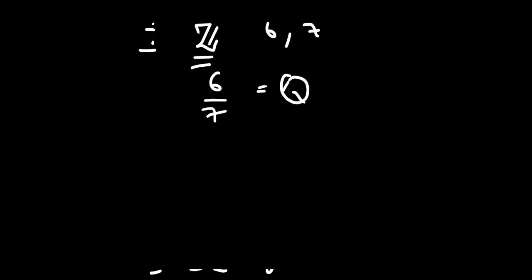We see that this will not be a binary operation, because when we have two numbers, 6 and 7, and we divide here, we will not get an integer. We are going to get a rational number. For it to be a binary operation, you must get a number that sits in the same field where you got those numbers. So this does not qualify to be a binary operation.